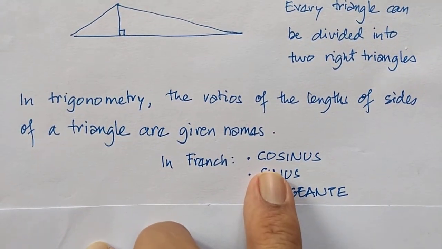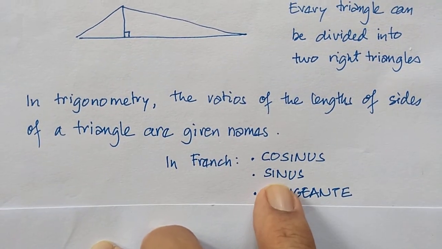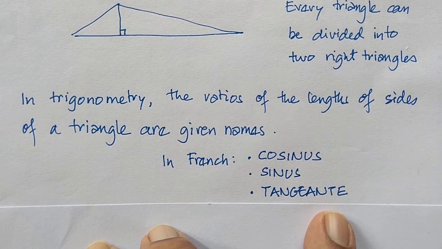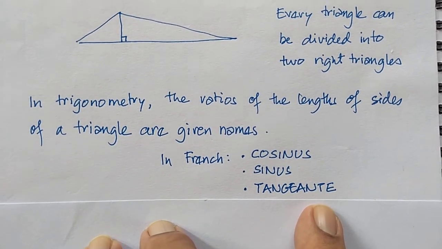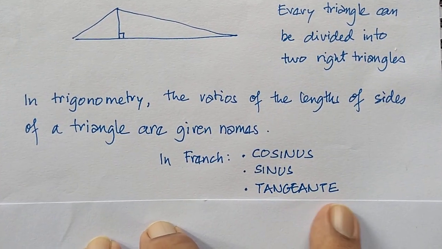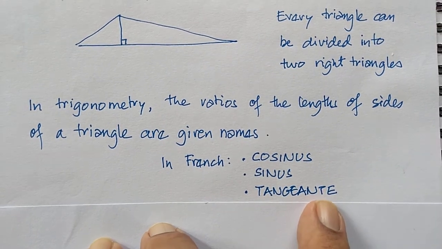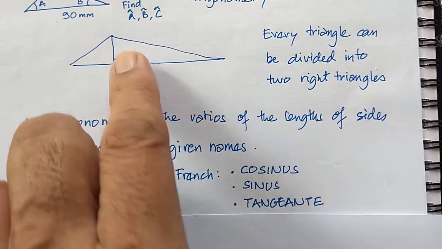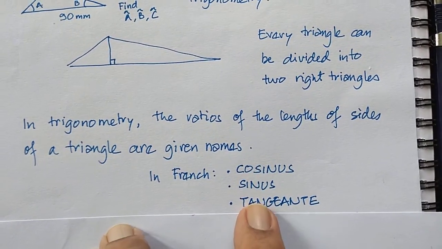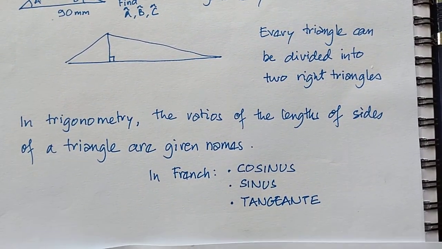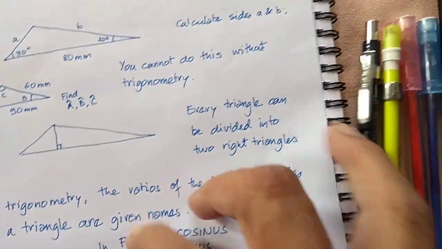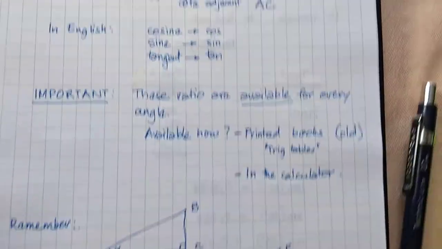The three ratios are called cosinus, sinus, tangent. This tangent has nothing to do with the line that just touches a circle, which is what you knew as tangent. This is just a name given to one of the three ratios between two sides of a right triangle. So let us see what these ratios are and how they are defined.